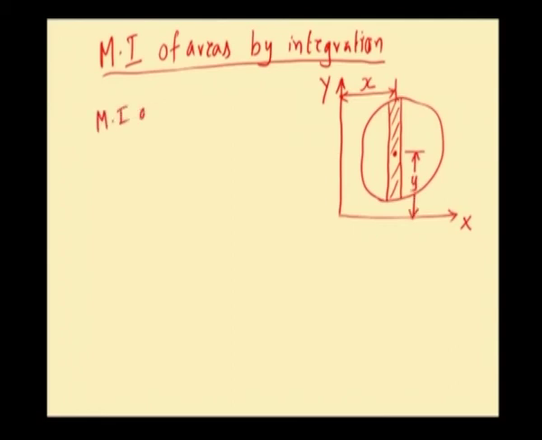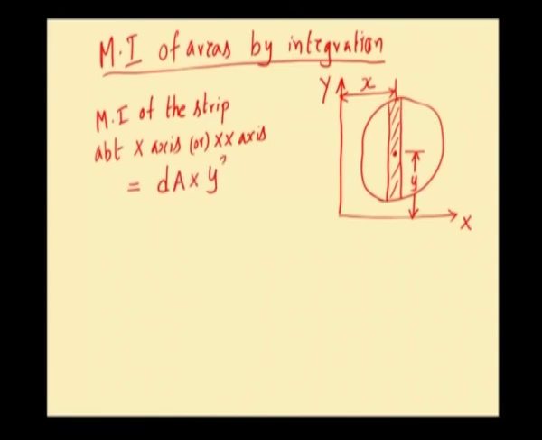Moment of inertia of the small strip about x axis, you can call it x axis or xx axis, will be given by dA into y square, where dA is the area of the strip.